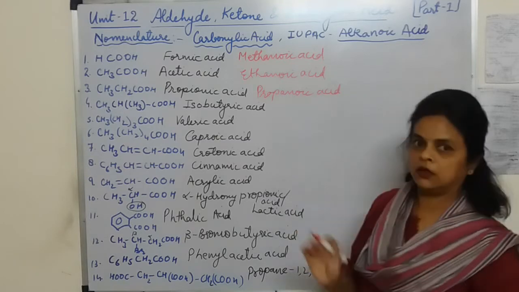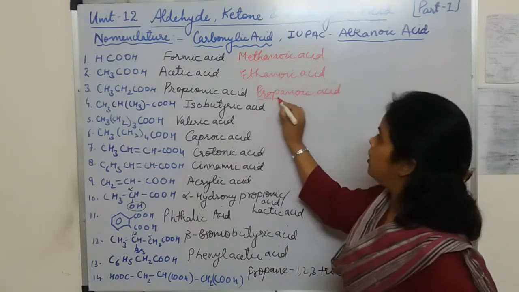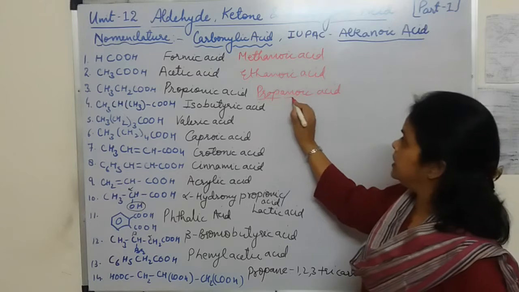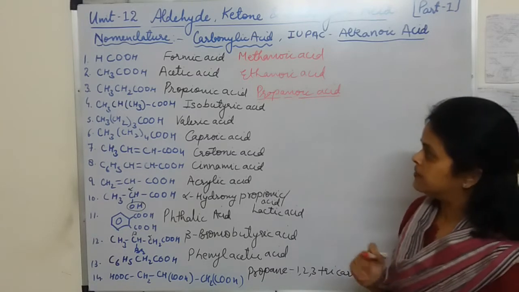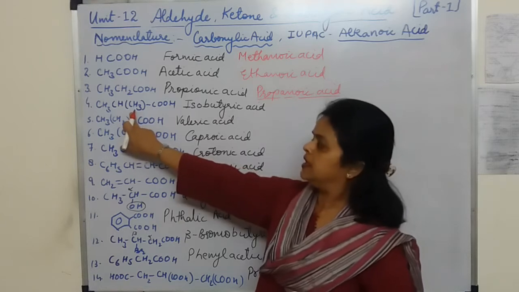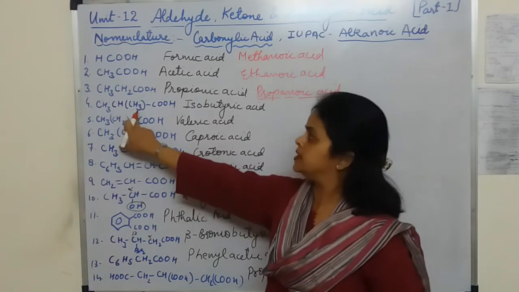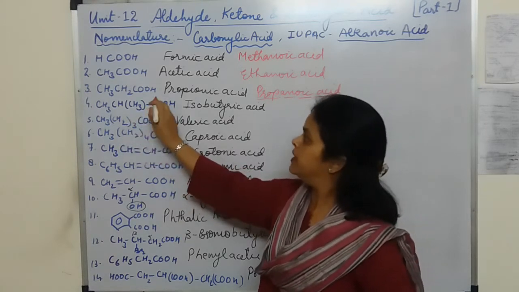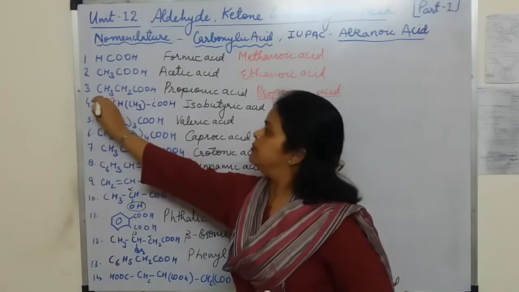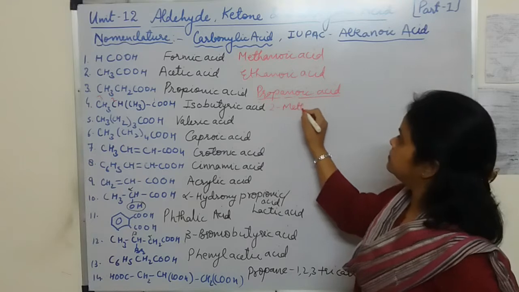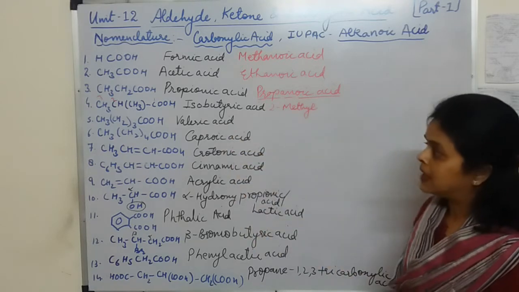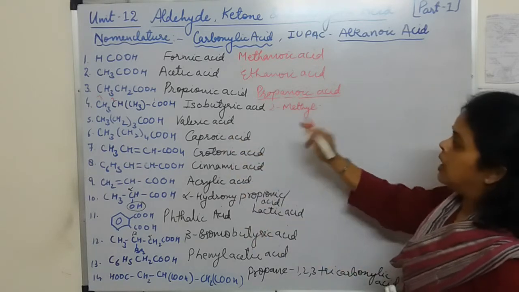And you all know the breaking of this. Prop, it is the word root. Ane, it is the primary suffix, and oic acid, it is the secondary suffix. Now, when you will write down its name, it will come as a substituent. So, what will be the name? 1, and it will be 2, and it will be 3. So, it will be 2-methyl. Then, how many carbons? 3.